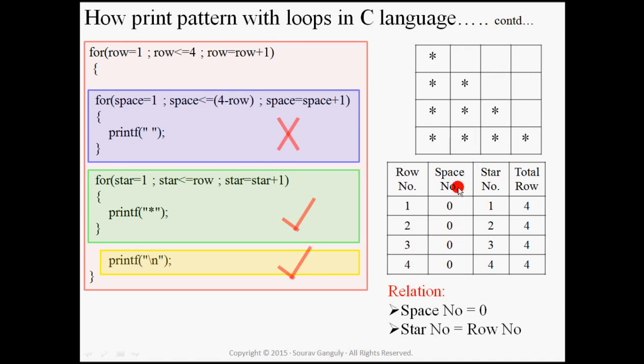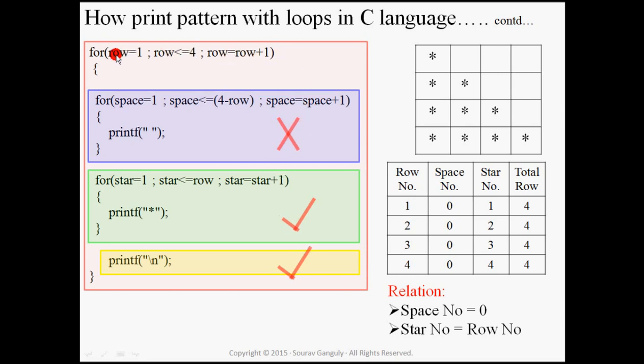If the space appears at the left hand side of the last symbol of a row, then we have to calculate the space number. It is the most important thing to understand. Star number 1, 2, 3, 4 is equal to the row number, and this is the total row number. Space number is 0, star number is equal to row number.